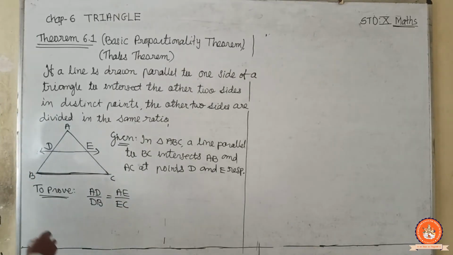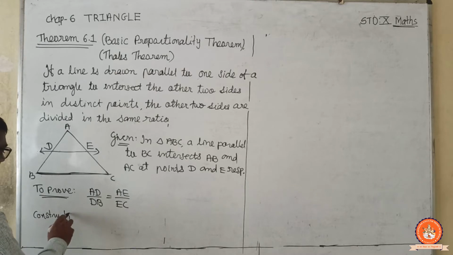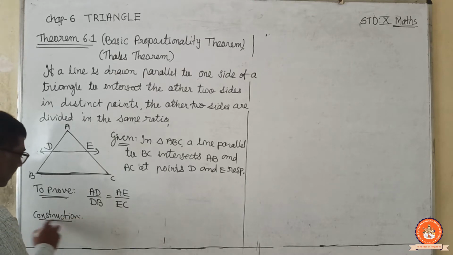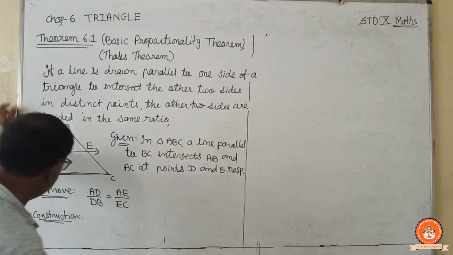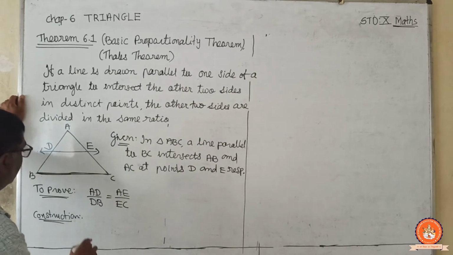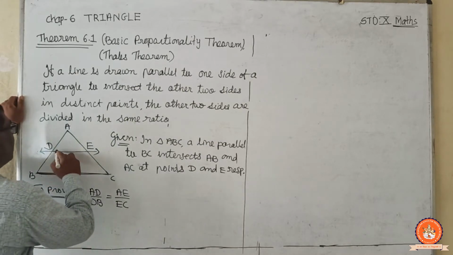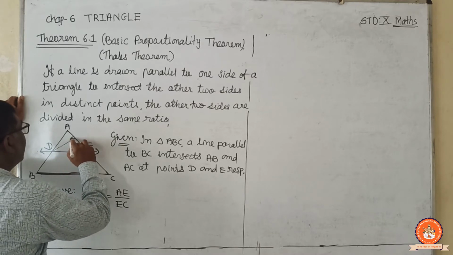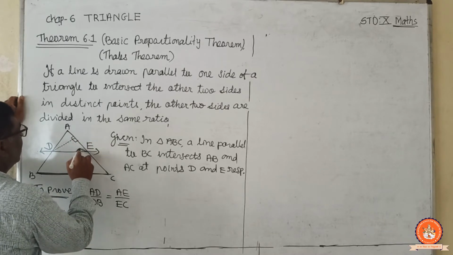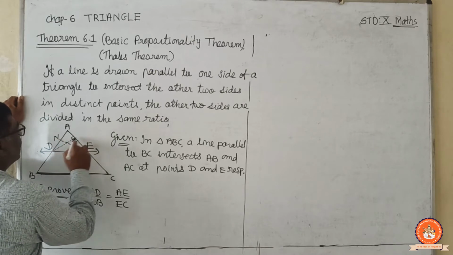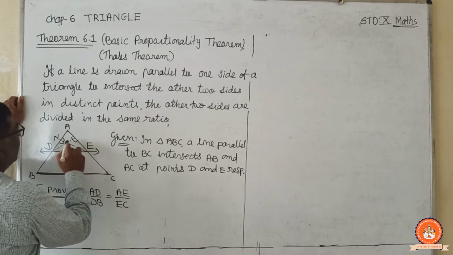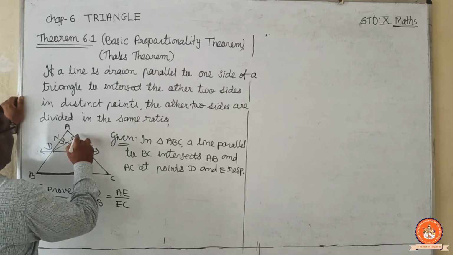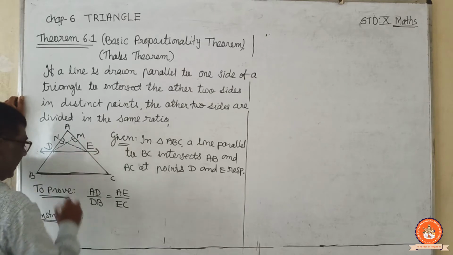For that we want some construction. We want to draw two perpendiculars, DM and EN.